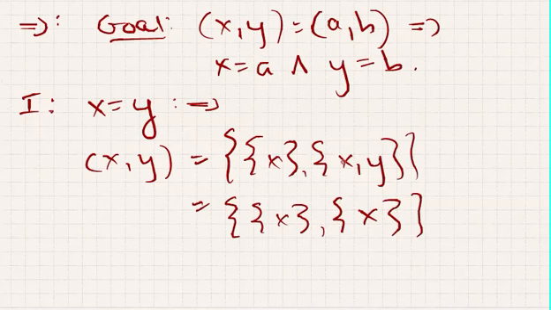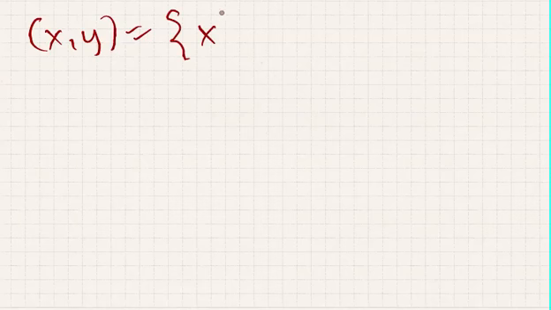So the set of x comma x is just another way of writing this, or it's convention for this set. So we have that x comma y is equal to the set containing the set containing x.